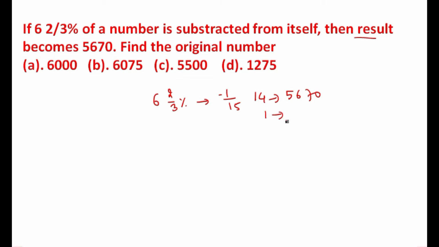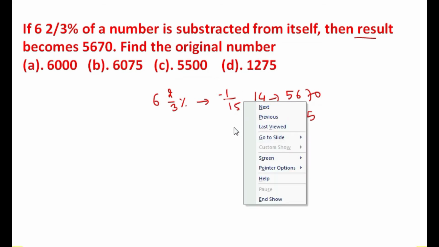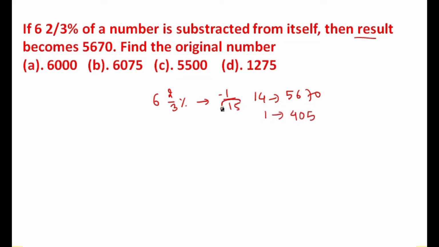So we get how much? 405, right? Okay. Now if 1 represents 405, then find the original number. It is asking about the original number. The original number is 15, so we need to get the 15 value.